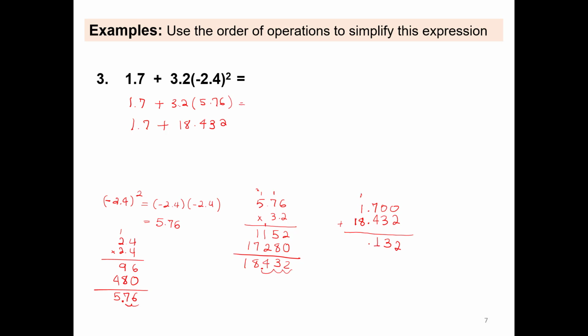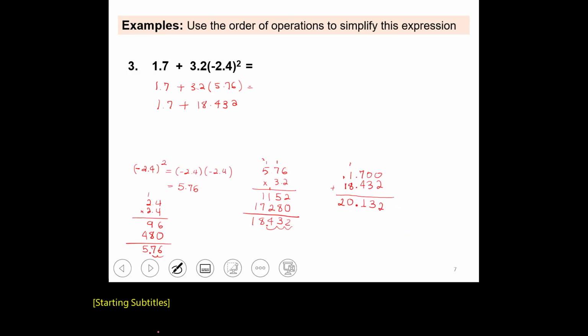Bring the decimal point down. 1, 2 plus 8 is 10. Carry the 1. 1 plus 1 is 2. Then it's 20.132. And here will be 20.132. Yes, this is the final answer.